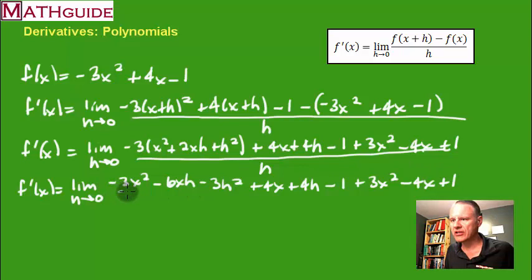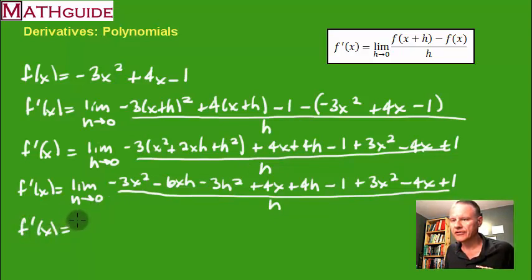I'm going to use a little bit of marking here so that I don't lose anything, because things are going to start to cancel. The negative 3x squared with the positive 3x squared, 4x minus 4x, negative 1 plus 1.